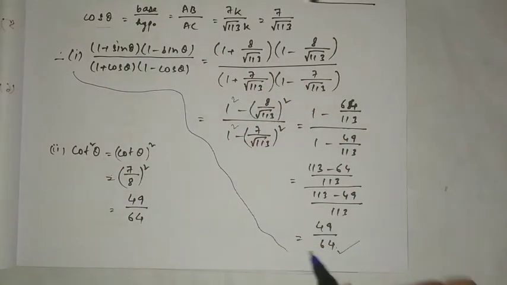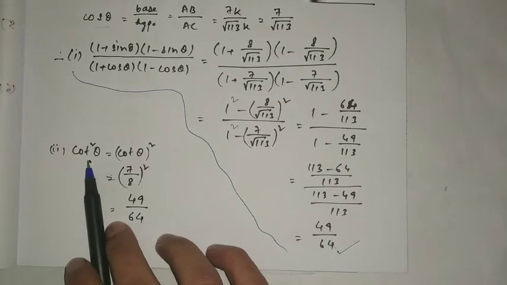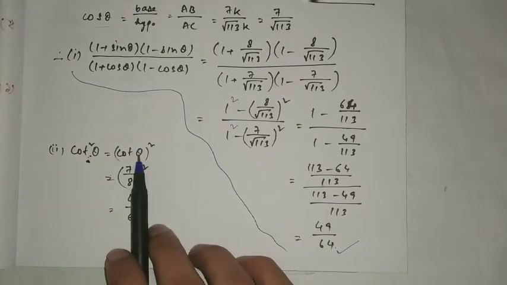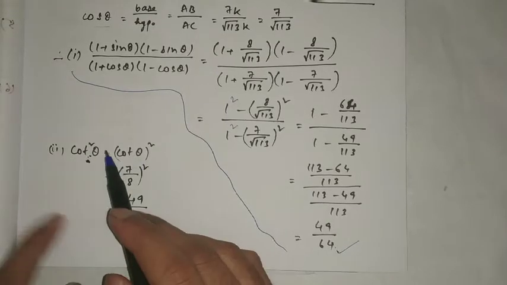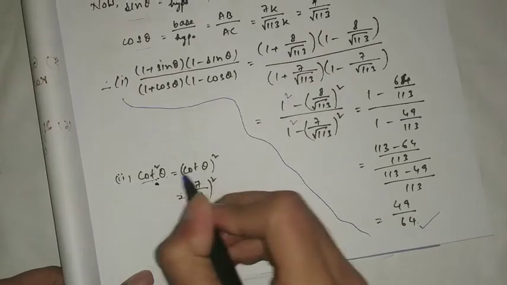This is the step, and the next value which we need to determine is cot square theta. Don't get confused, as this is the square of cot theta, not of theta alone.